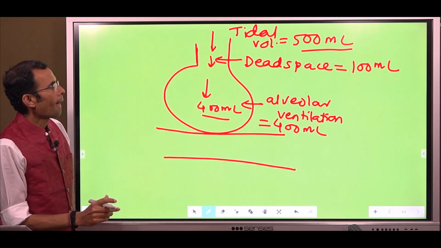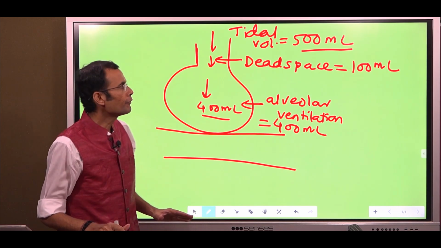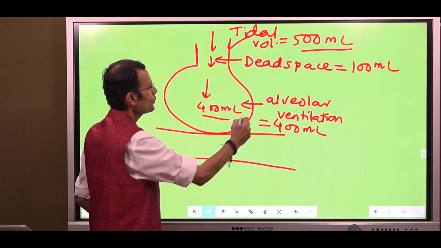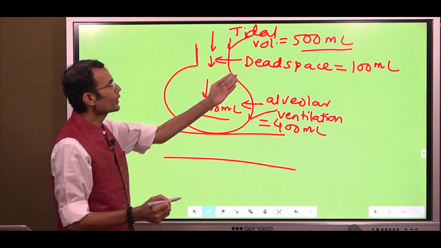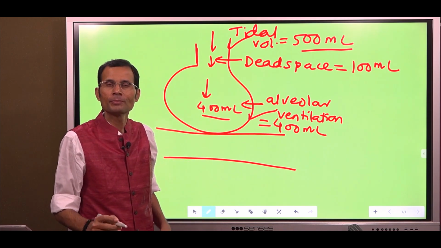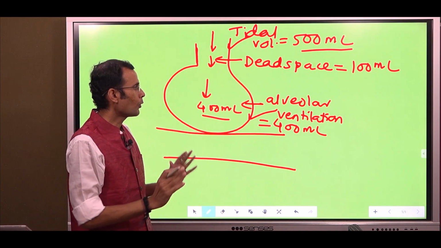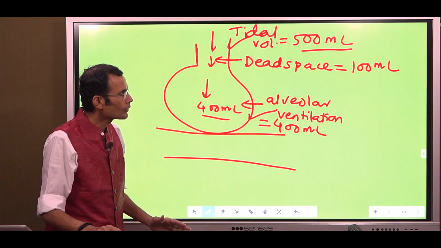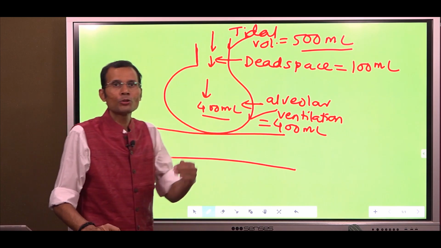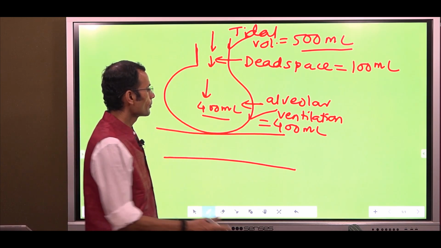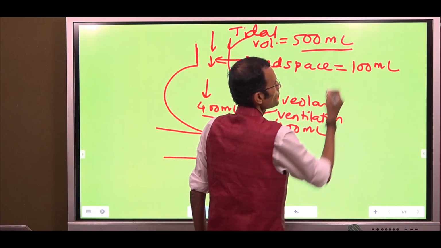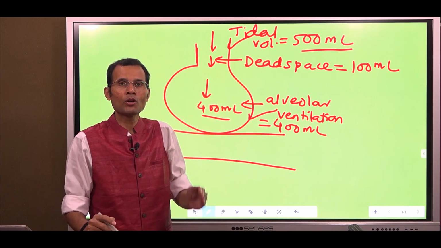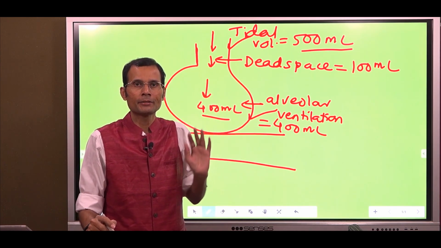So if you know this and you know this, then you can calculate the dead space volume. Simple. This is what is required in this particular MCQ. If you want to just calculate it further, look, respiratory rate is the number of breaths per minute.